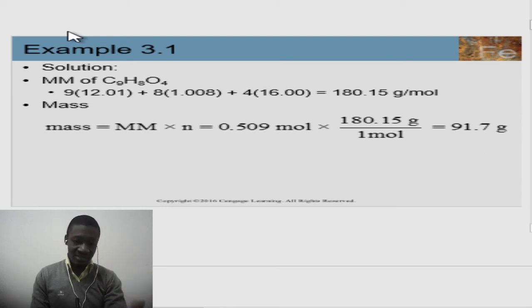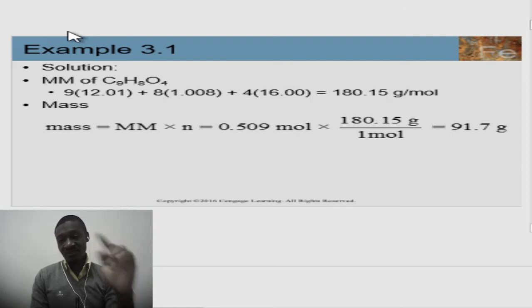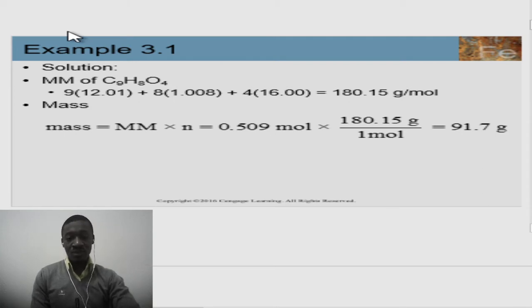And with that being gotten, which is 180.15 grams per mole, if you multiply it by the value of mole that was given, which is 0.509, you have the value of its mass.